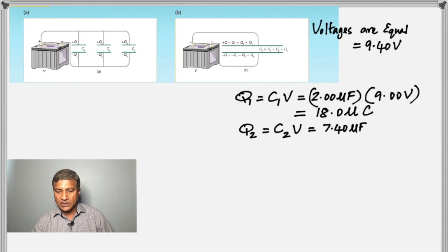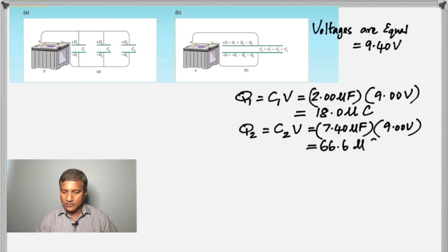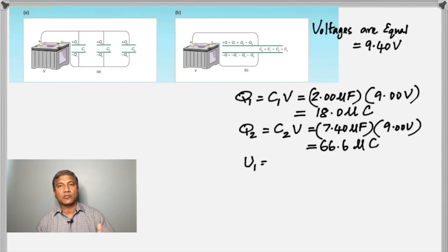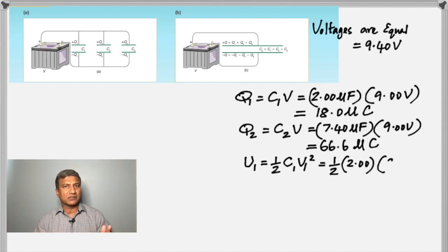That gives us 18 microcoulomb for the first one, and then when you do the same thing using the value of the second capacitance, you get 66.6 microcoulombs. But when we try to calculate the energy here, we have to use 1/2 CV squared. Why? Because now we know the voltage. We know that the voltage across both the capacitors is 9 volt. And we know the capacitance of each one.